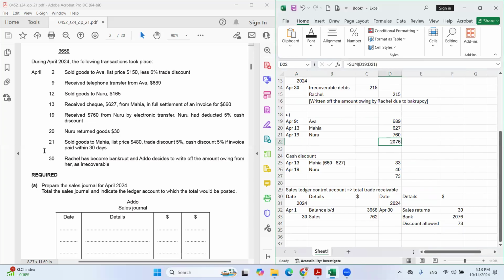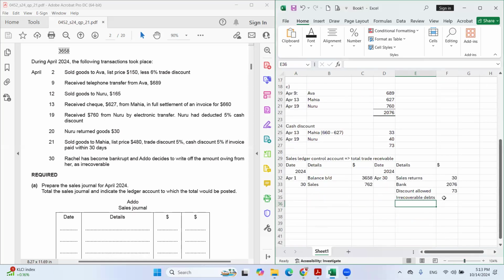Number 30th, Rachel became bankrupt and is written off as an irrecoverable debt, and the amount is 215. Okay, now we calculate the total, the balance CD and balance BD. So the subtotal is these two.